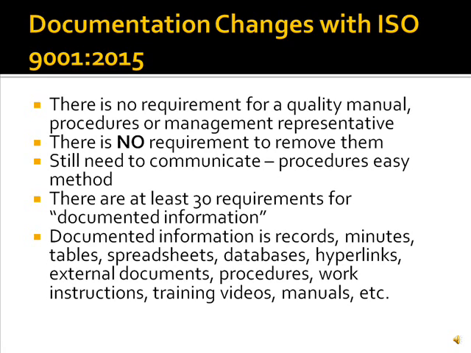But now it also includes minutes, tables, spreadsheets, databases, hyperlinks, if you ever have to go out to the internet to get information direct, external documents like your ISO standard, and of course, videos and manuals. It's any information that you need to pass on to your employees so that they can be effective in performing their job, or if you need to prove that you have performed according to the ISO 9001 standard.